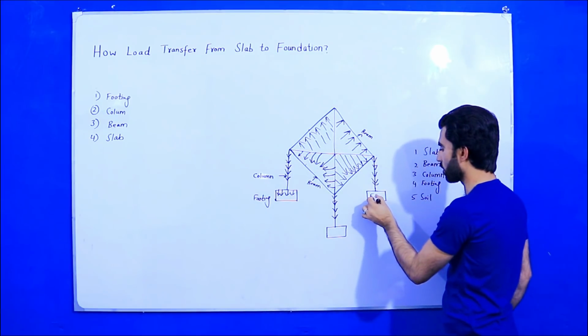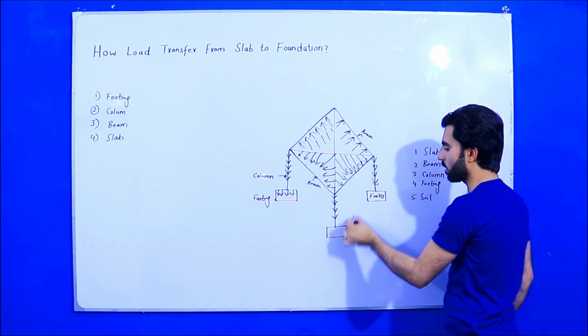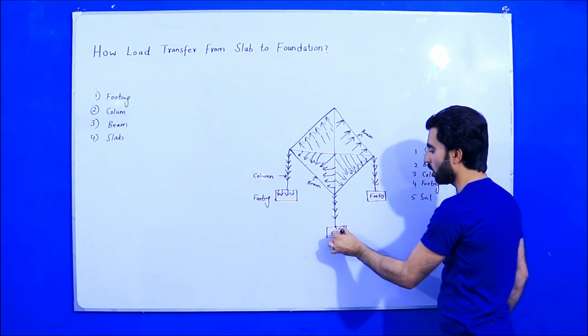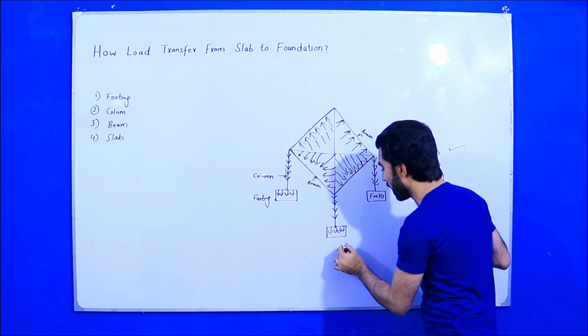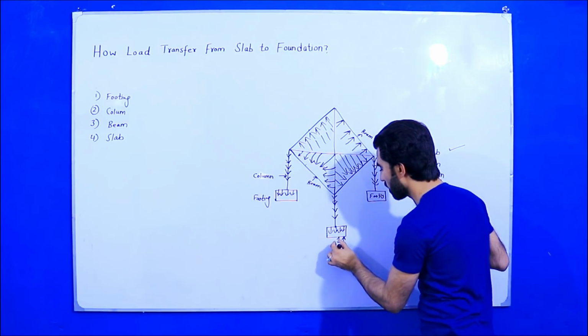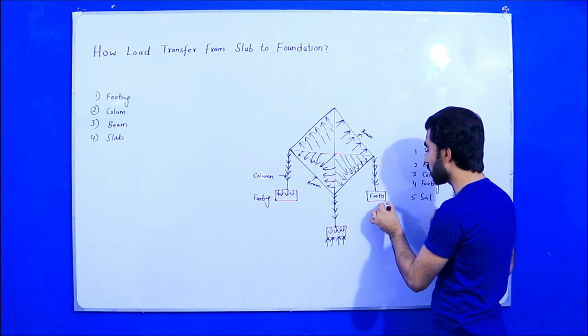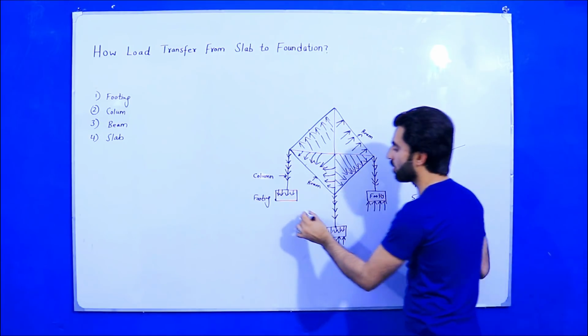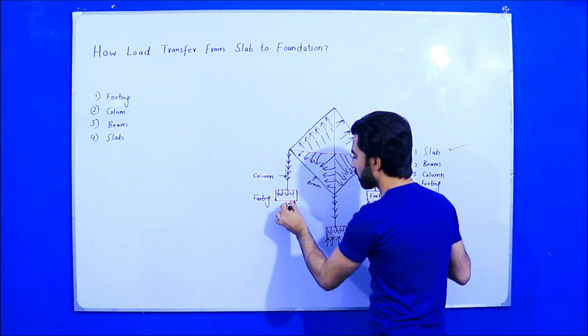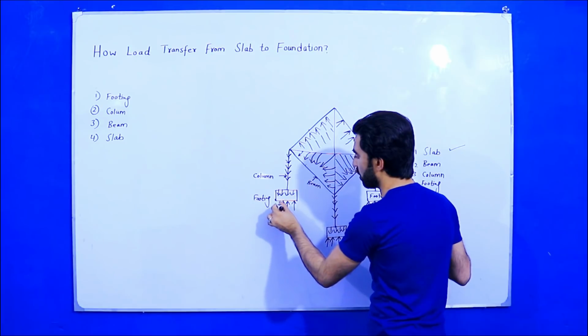So it transfers the load to the footing, and the footing transfers the load to the soil. Now you can see this is the strength of soil which I am making here. It's called bearing capacity, called SBC, soil bearing capacity.